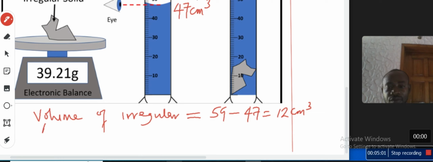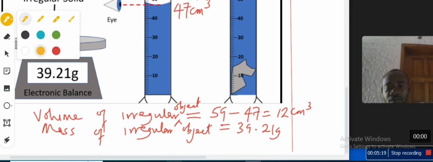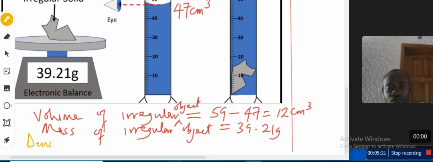What's its mass? Remember, the mass of the irregular object. Okay, what's its mass? 39.21 grams. So what will be its density? Density is equal to mass over volume, right?